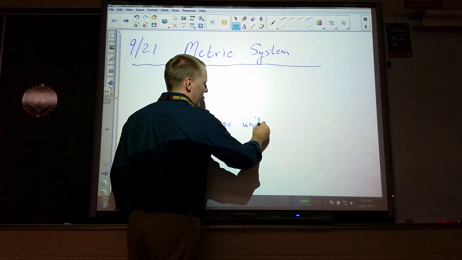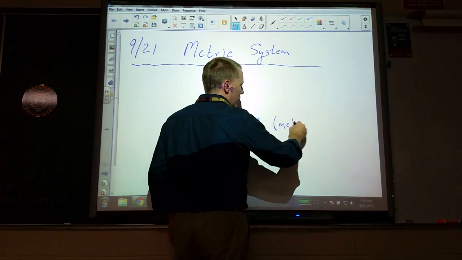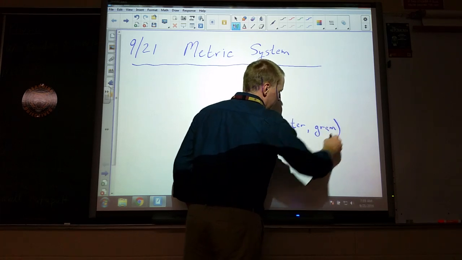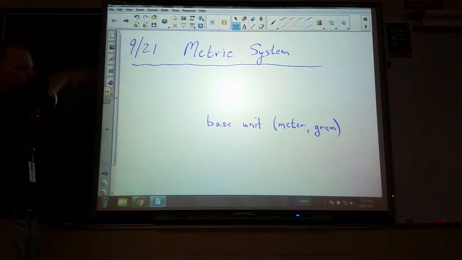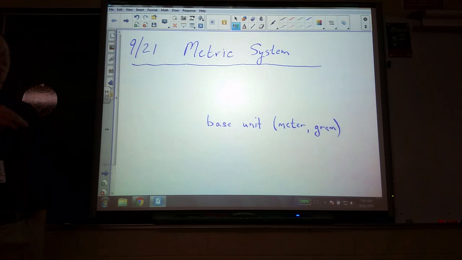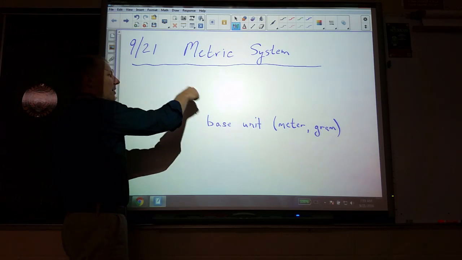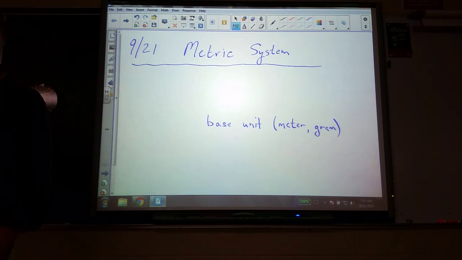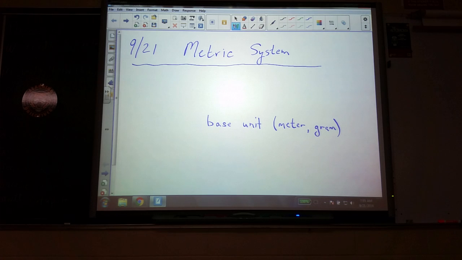This could be like a meter or a gram, etc. And then every step is named. So if you do 10 times the base unit, or 100 times, or 1,000 times, in steps or multiples of 10, it's going to have a name. But in practice, we really only use about every 1,000th. So that's all we're going to practice.